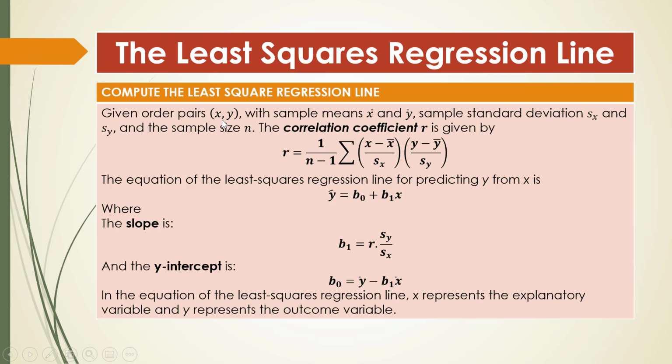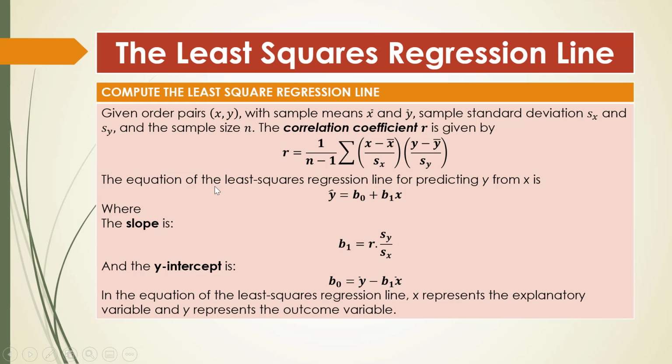So given the ordered pairs x, y, where the symbols are x bar and y bar, the sample means, sx and sy, the standard deviations. The correlation coefficient r is given by r is equal to 1 over n minus 1 summation of x minus x bar over sx times y minus y bar over sy. This is from the last video.